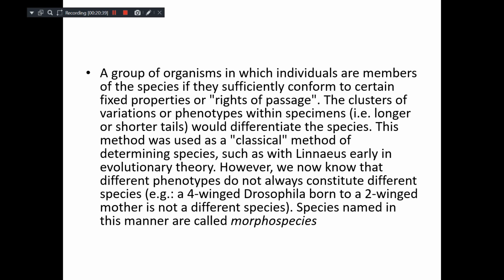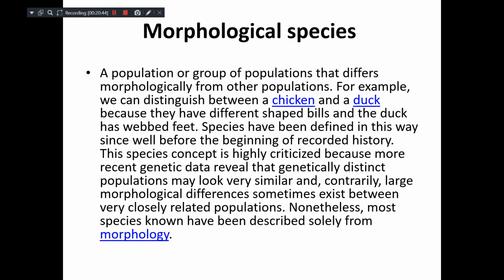Of course, nowadays we call it a morphospecies. It's a different thing, but whether they are species or not. So that's why I have told you there is no absolute definition possible for a species. The Ernst Mayr definition is the most accepted definition, but it is not the absolute definition.